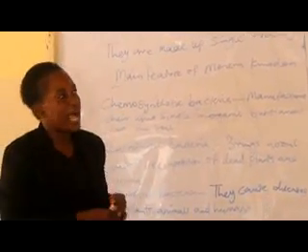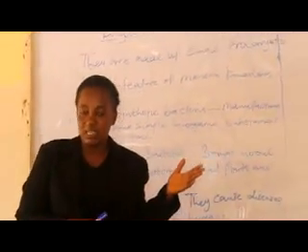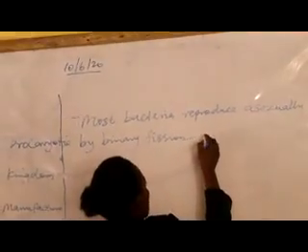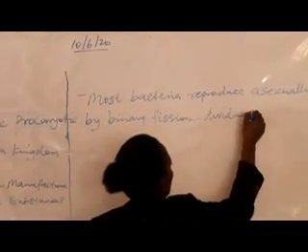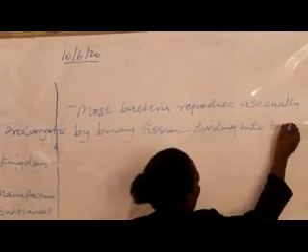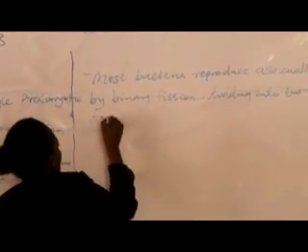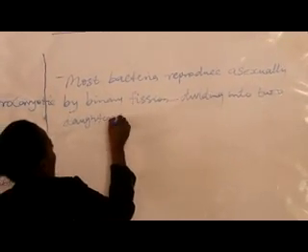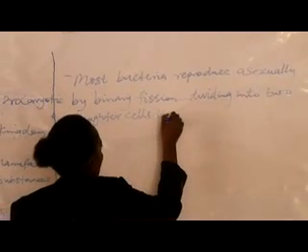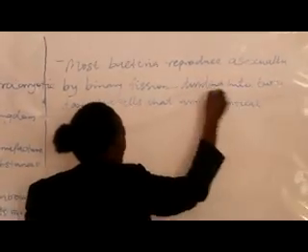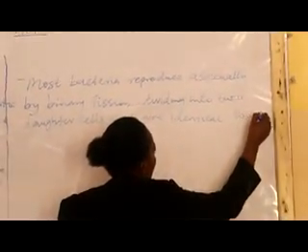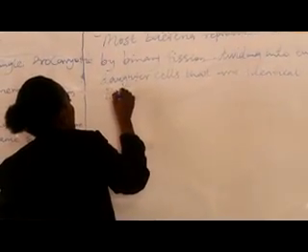This process is asexual reproduction called binary fission. This is the method of reproduction.